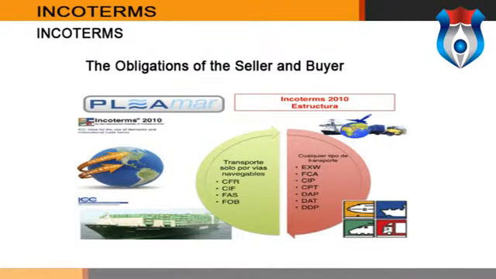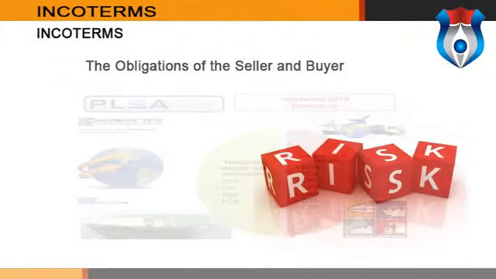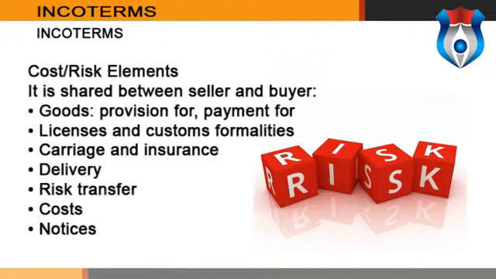The main purpose of Incoterms is to clearly set out the obligations of the seller and the buyer in relation to the delivery of the goods and the division of functions, costs and risks related to the delivery. The way this is presented in each Incoterm is under 10 clauses each for the seller and the buyer, where each clause on the seller's side mirrors the position of the buyer with respect to the same subject matter, cost, risk elements.